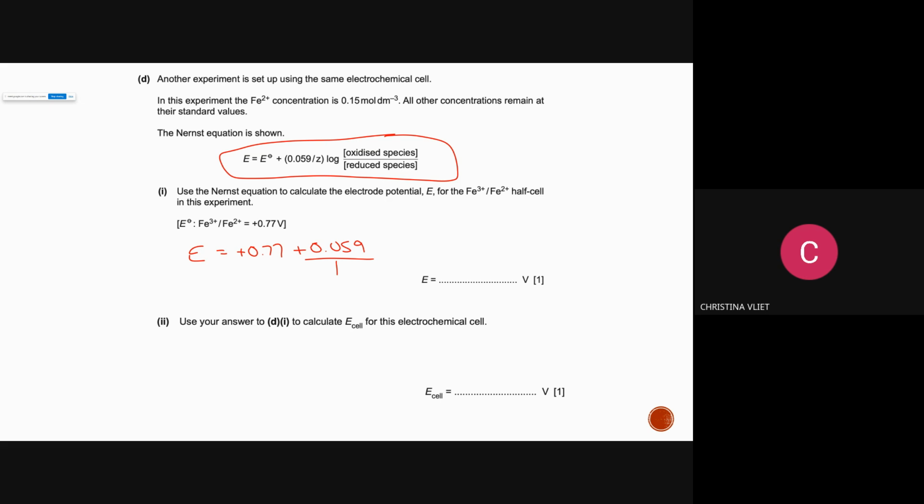Okay, here's the trap. I guess it's not too big of a trap. It's a trap though. It says Fe2+ is 0.15. Everything else is in its standard state. So your two forms of iron here are Fe3+ and Fe2+. This is 0.15. Do you agree? What is Fe3+?